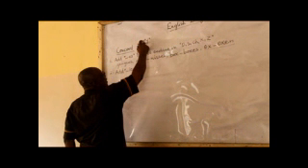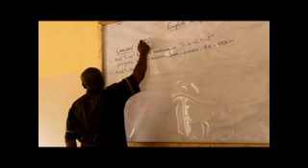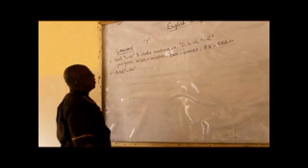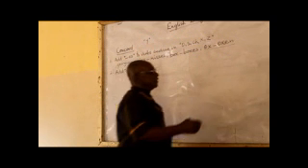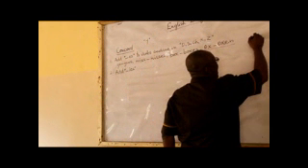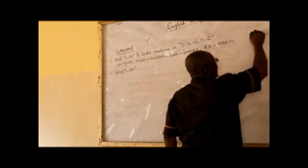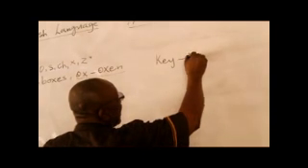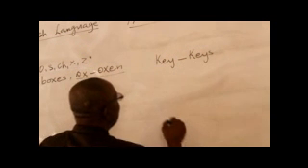But when it is preceded by a vowel, you don't change the Y. For instance, you have key, and it becomes keys.